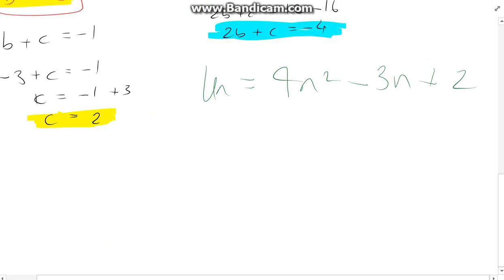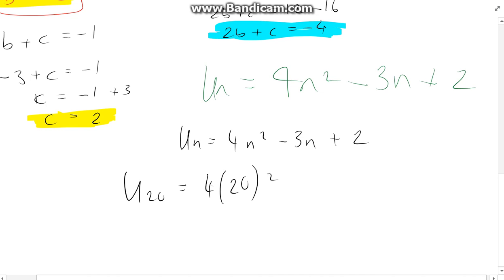un, I'm just going to write that again because it's messy: 4n squared minus 3n plus 2. And now they want us to find u20. So what we're going to do is sub in 20 everywhere that we had n.